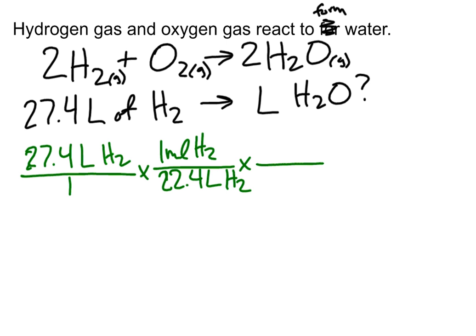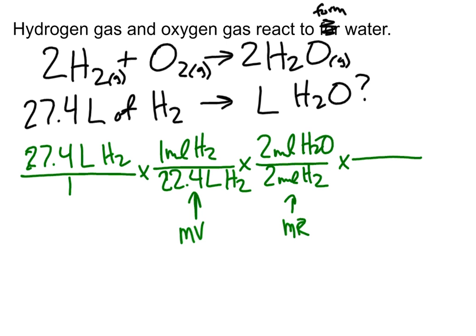So this was my molar volume. Now this will be my molar ratio. In this case, I have 2 moles of H2 for every 2 moles of water.